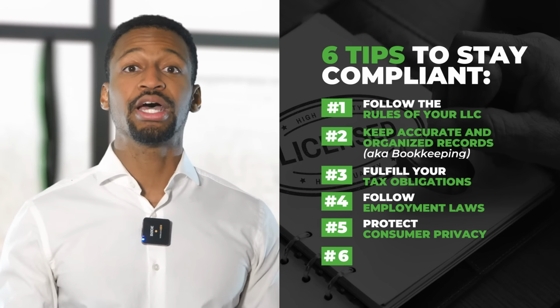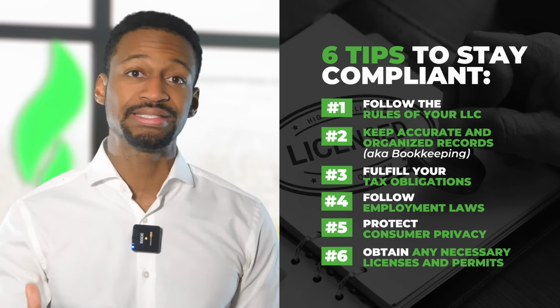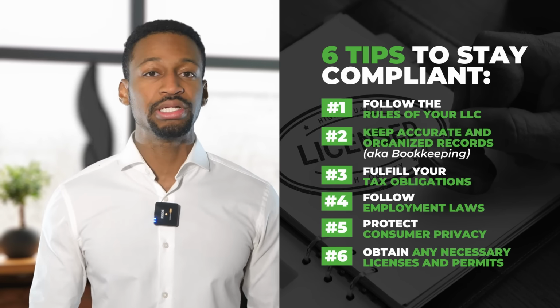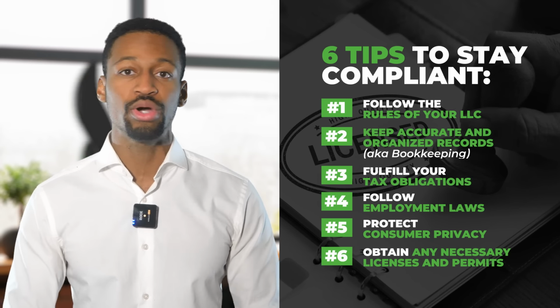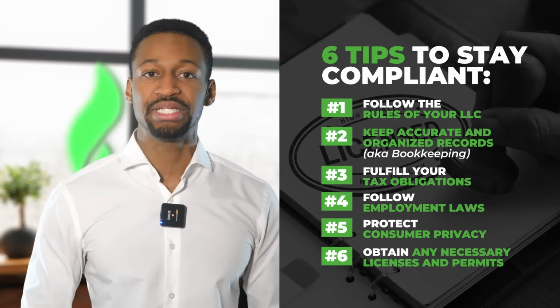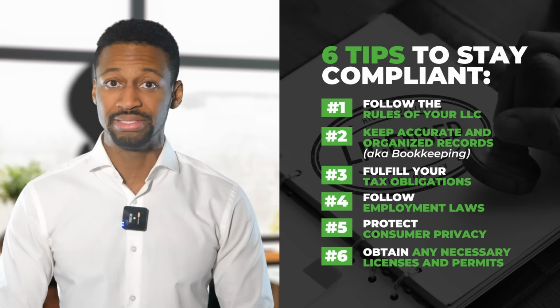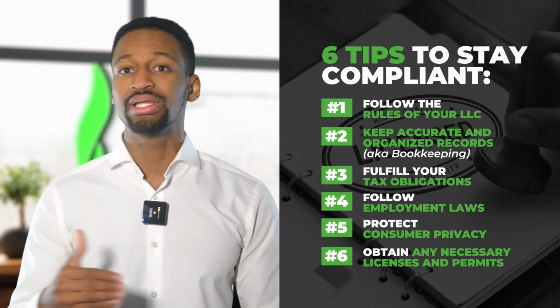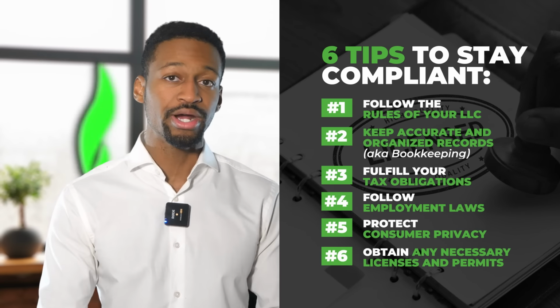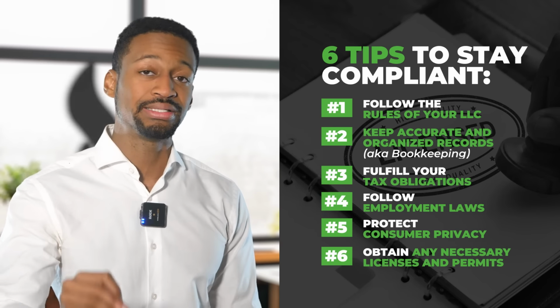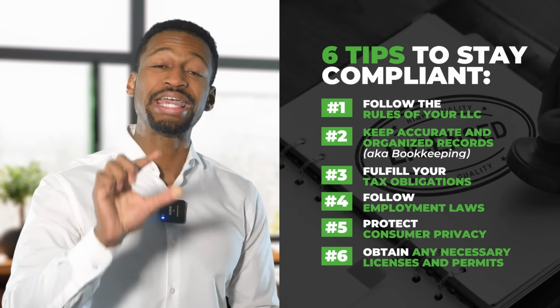And then number 6, obtain any necessary licenses and permits. Depending on the nature of your business and the location of where you operate, you may need to obtain certain licenses and permits in order to legally conduct business. So make sure you understand what licenses and permits are required for you, and then make sure you take the necessary steps to obtain them and renew them.